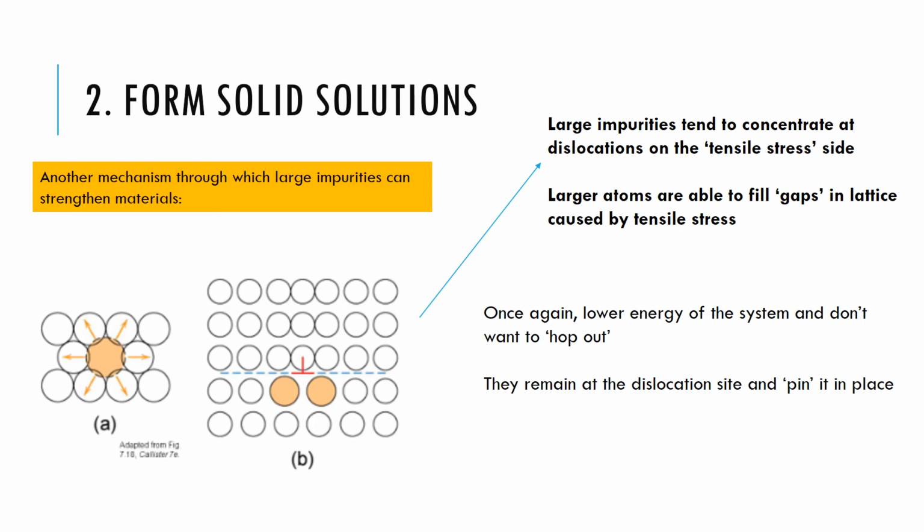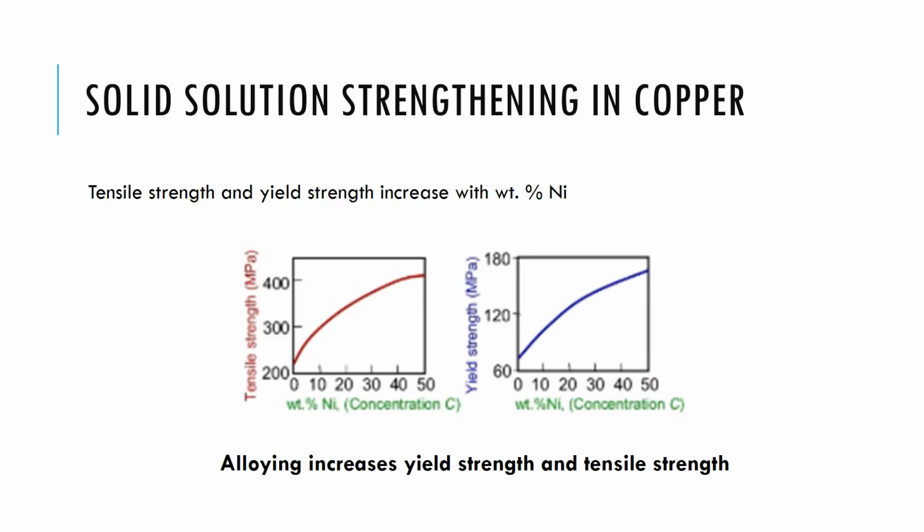What they're acting to do here is essentially fill gaps in the lattice caused by this tensile stress. And again, the fact that they're filling these gaps lowers the energy of the system, and these edge dislocations become much harder to move. What they're doing essentially is pinning the edge dislocation in place.